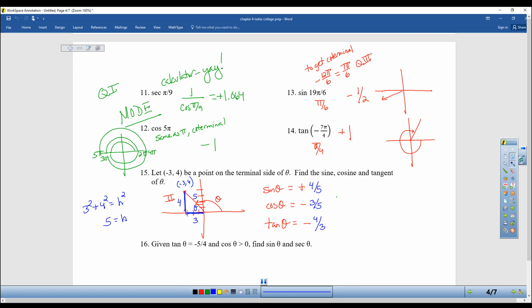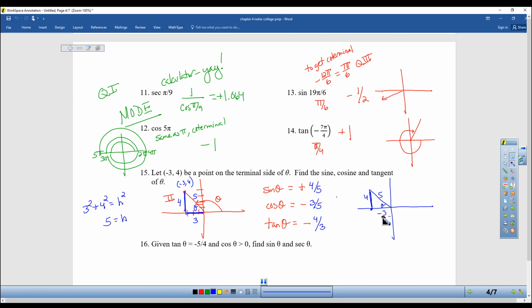Now, there is a second way to do this problem, and that is some people don't think about ASTC. You'll notice that I did the signs first based on the quadrant, but you didn't actually need to do that if you label correctly. This is technically -3 because it's in this direction, and then this is 4, and this is 5. The radius is always going to be positive, and the hypotenuse is always going to be positive, but this is positive because we've gone up. So if you look, sine is +4 over +5.